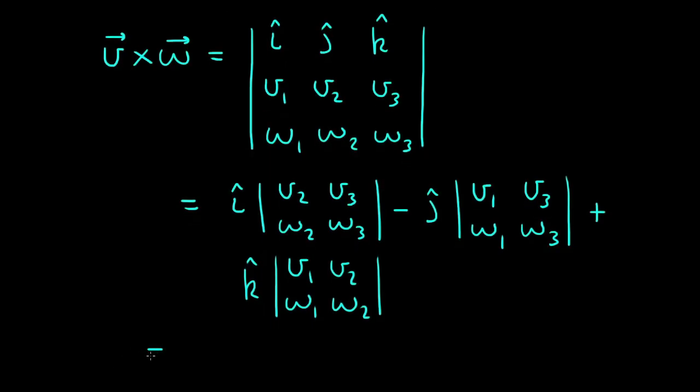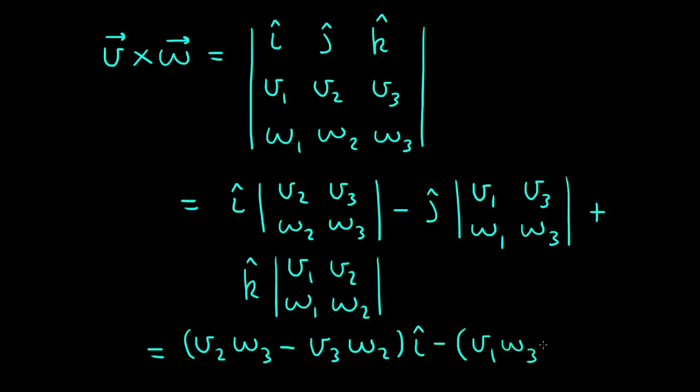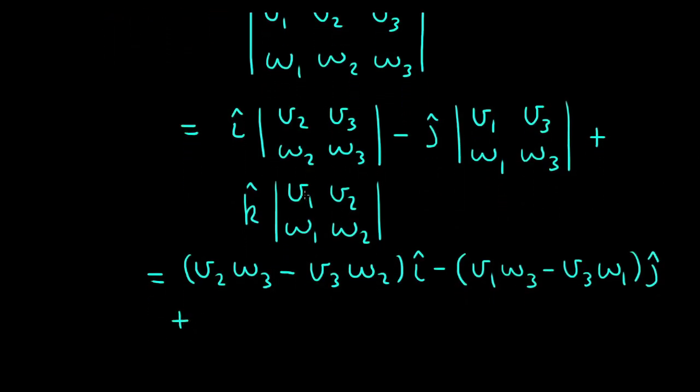So what that'll give us is v2 by w3 minus v3 by w2, which is the first component of the resultant vector, minus v1 w3 minus v3 w1, which is the j component, and plus v1 by w2 minus v2 by w1.